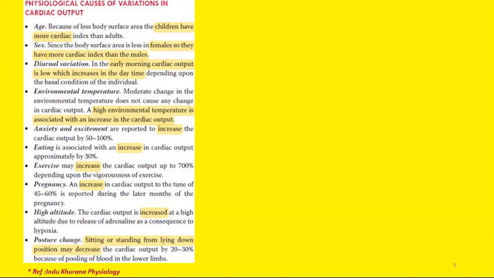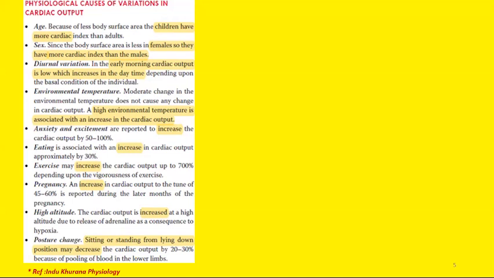Similarly, there are some physiological factors that may increase the cardiac output. For example, during stress, anxiety, or excitement, the cardiac output is increased. During eating, during exercise, during pregnancy, all these physiological factors increase cardiac output. Similarly, at high altitude, cardiac output is increased due to hypoxia, due to release of epinephrine.